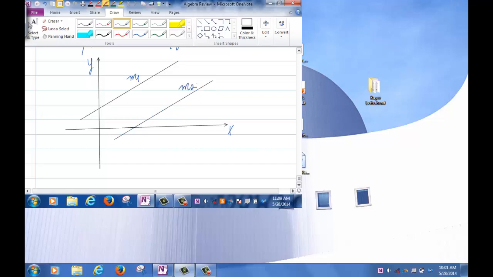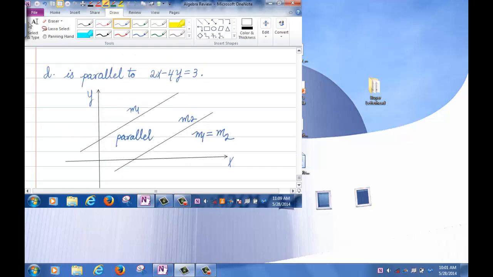What can I say about the two slopes? They are the same, right? m1 is equal to m2 because these two straight lines are parallel. So if you have two straight lines that are parallel, they have the same slope. Okay, m1 is the same as m2.